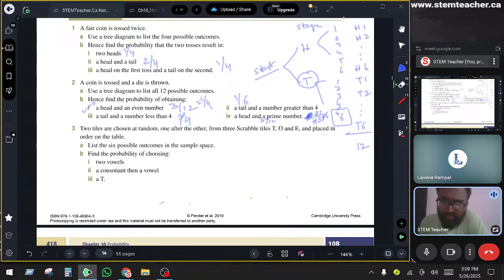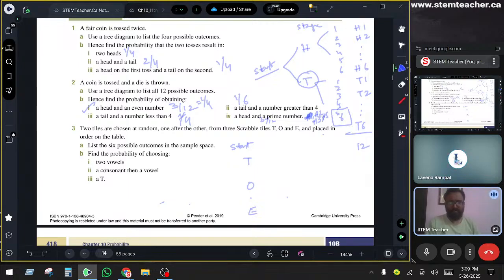Two tiles are chosen randomly, one after the other, from 3 Scrabble tiles. So I want to draw the tree diagram. The first tree diagram here, this is start. In the case of start, you can get any letter, either T or O or E, one after the other.